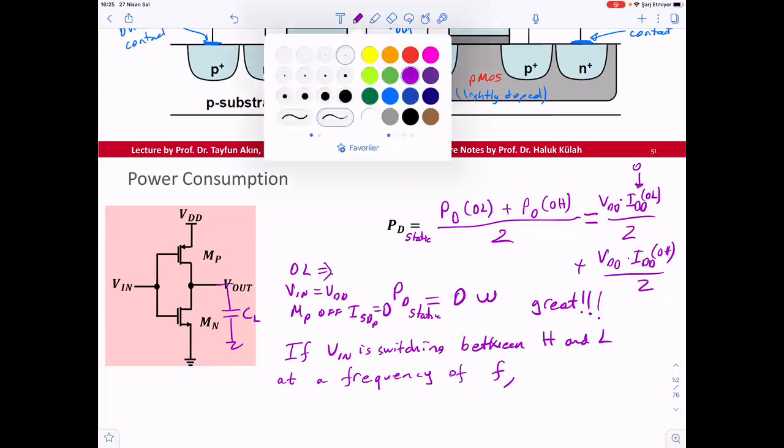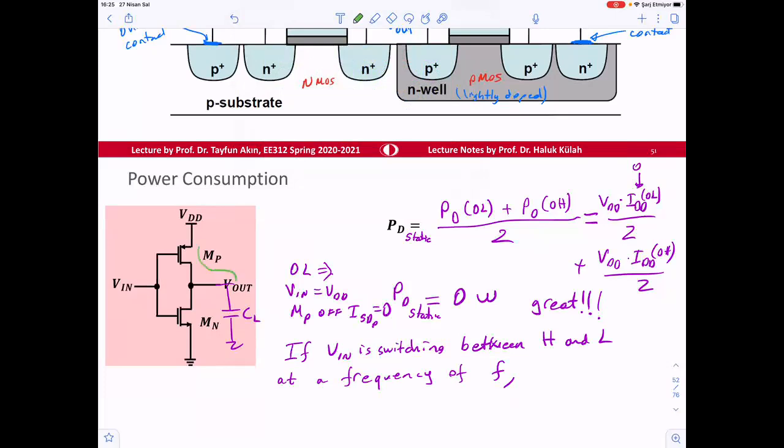Maybe I'm going to say that this is charged. While this is being charged, there's going to be a voltage here. We have source-drain voltage of P times the source-drain current of P while charging. And then that's going to be creating a power dissipation.